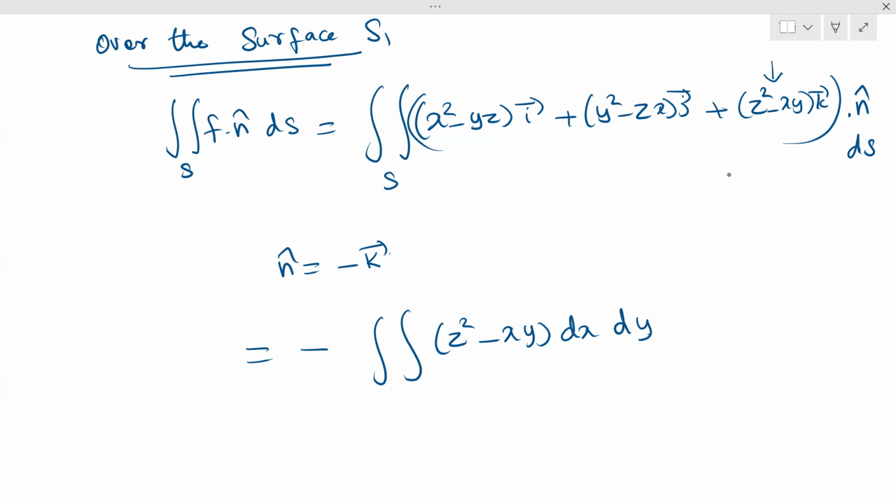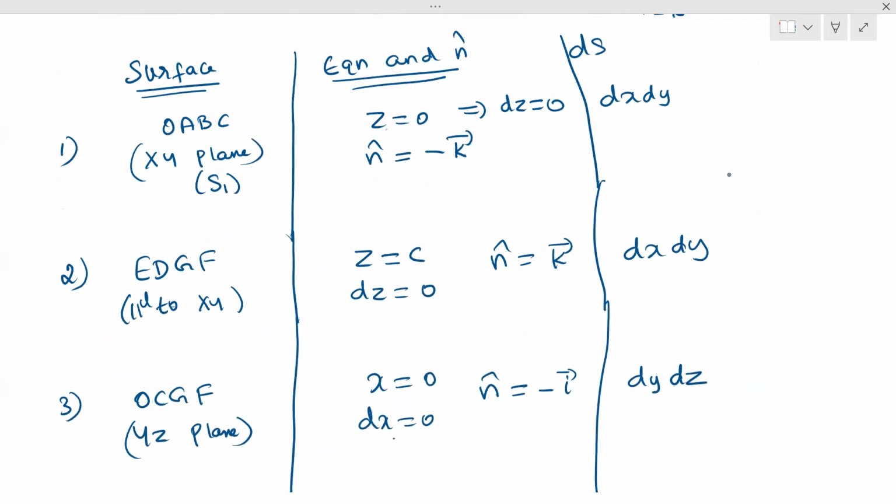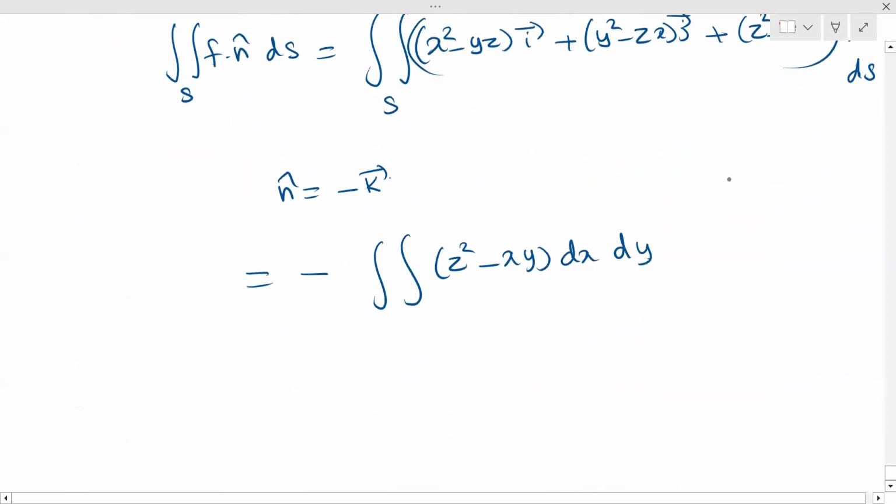Over the surface S1, z equal to 0, so we substitute z as 0. Minus into minus gives plus xy dx dy. Here the integration is for x from 0 to a and y from 0 to b.